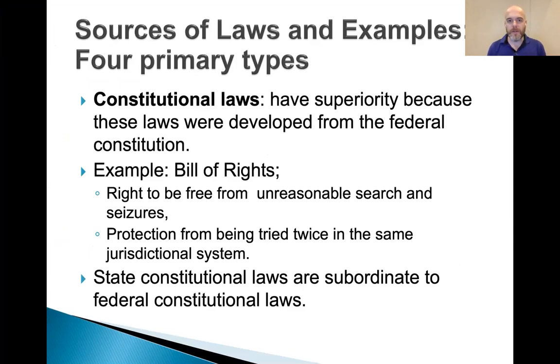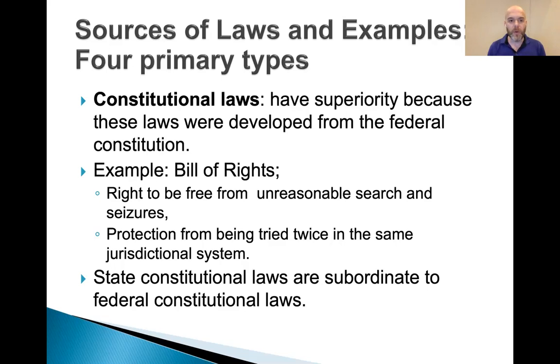So constitutional laws are the most superior laws. These are laws that were developed from the Constitution of our country. An example of constitutional laws is the Bill of Rights: rights to free speech, the right to be free from unreasonable searches, things like that. Basic rights, or anything that was in the Constitution, is a constitutional law.